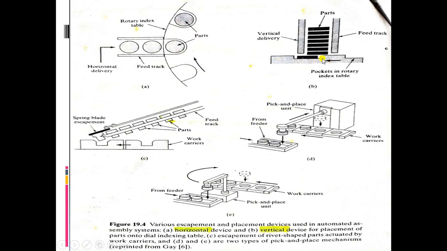Then this is the vertical delivery station. This is the stack of the components, and the pockets in the rotary index table are like this. So whenever the index table is rotating, these parts will come into the slot and they will be separated that way.